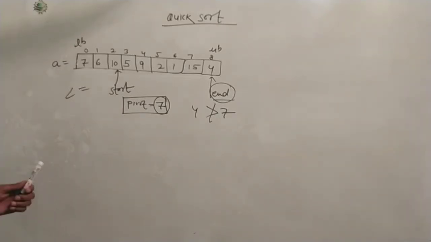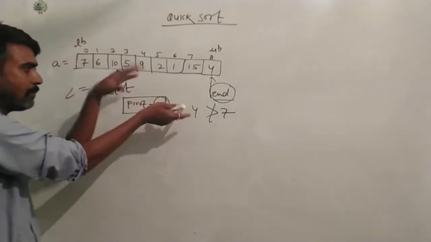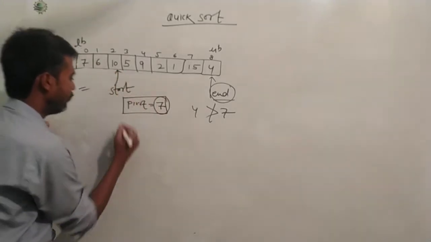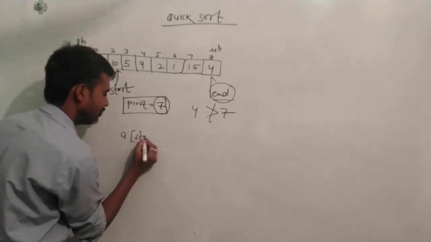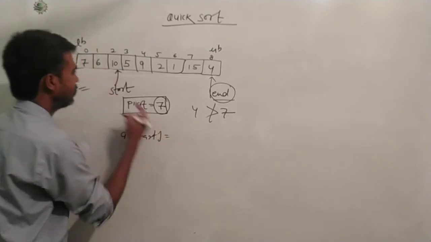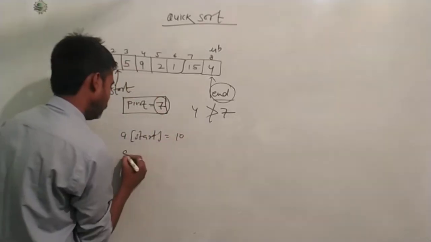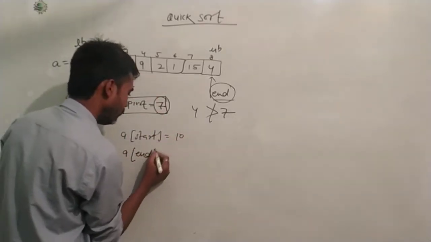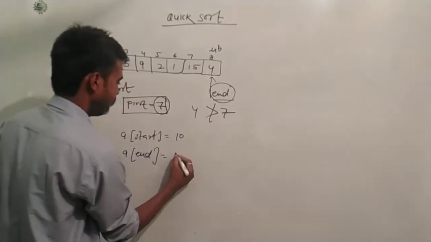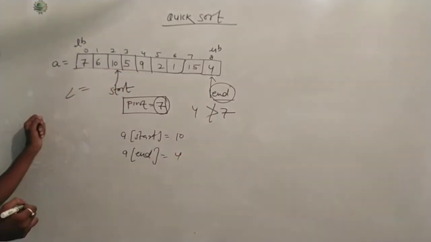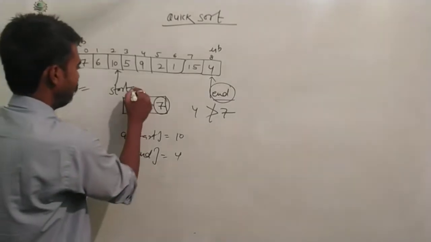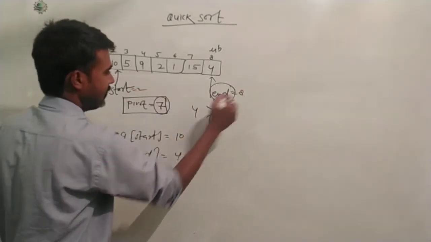Now, what do we have to do? We have to swap these values. A of start is 10 and A of end is 4. Value of start is 2, value of end is 8.